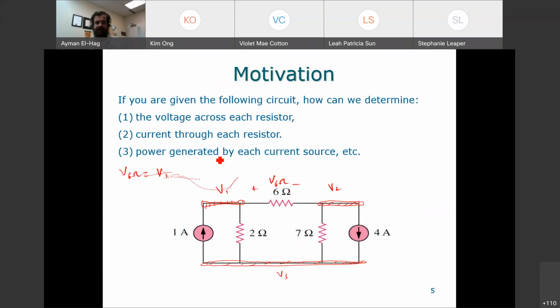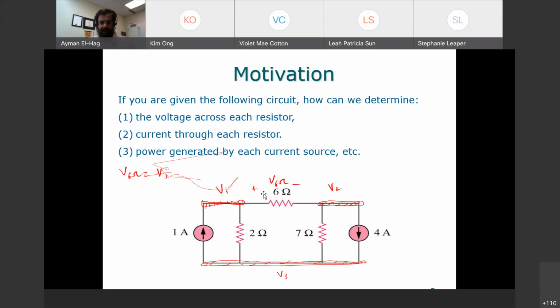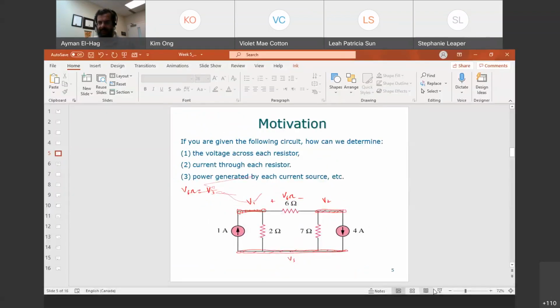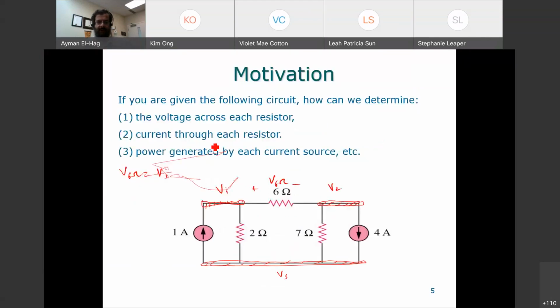Okay, the pen is starting to act weird. Just a second, please. Sometimes the pen acts weird, something is wrong here with the pen.